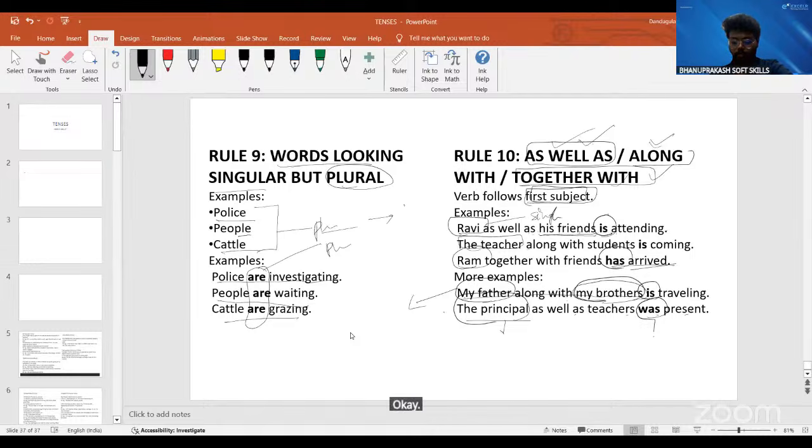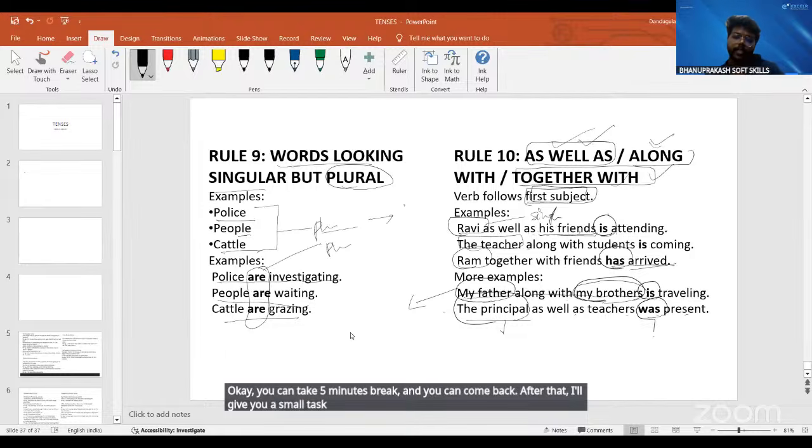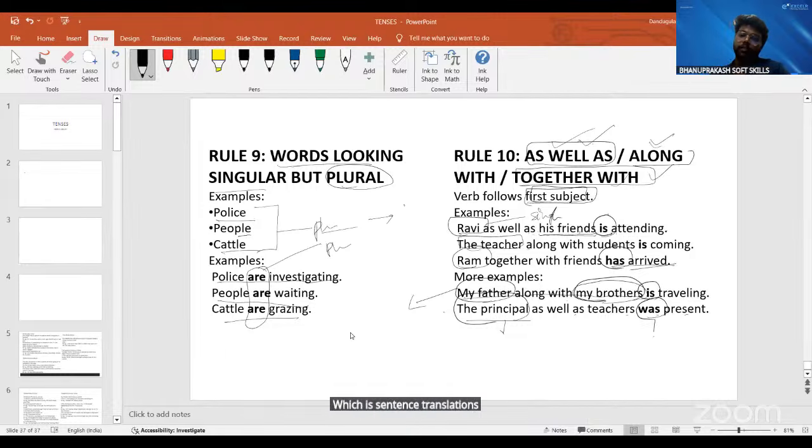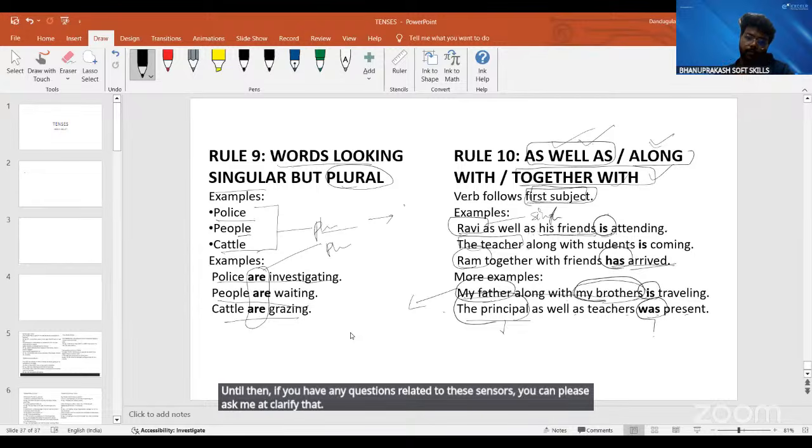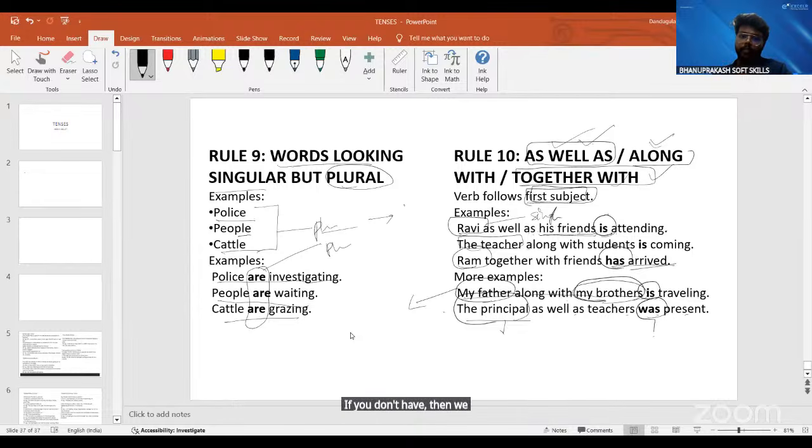Okay. Hope no questions from your end. As now the time is 6:18, you can take a 5 minute break and come back. After that, I'll give you a small task, which is sentence translations. After that, we'll proceed with one activity and we'll end the class. Until then, if you have any questions related to these tenses, you can please ask me. If you don't have, then we'll proceed with a break.